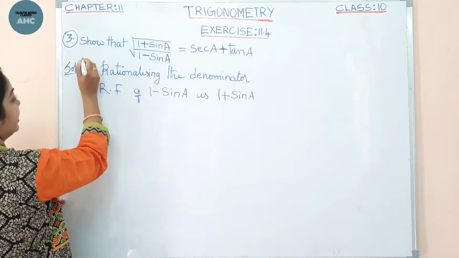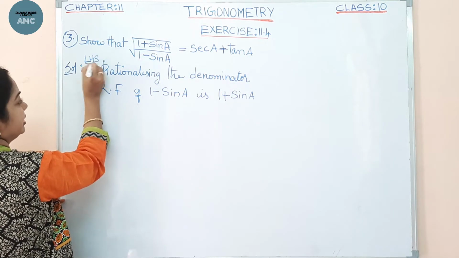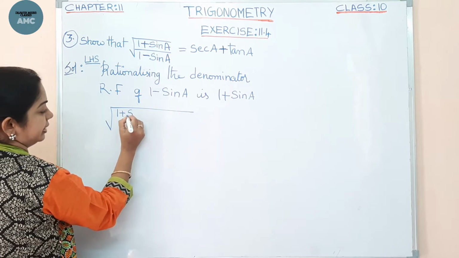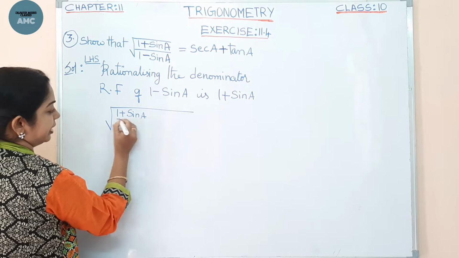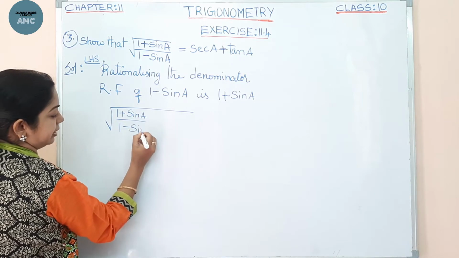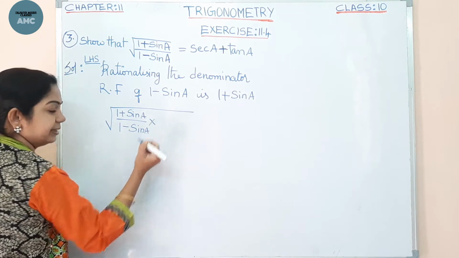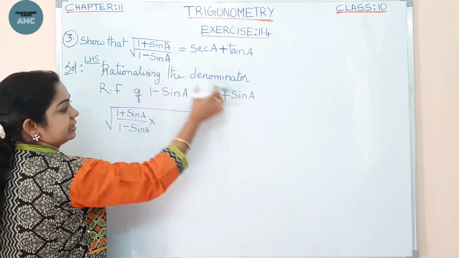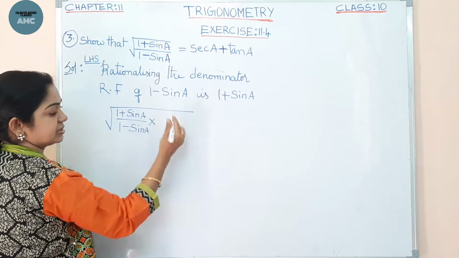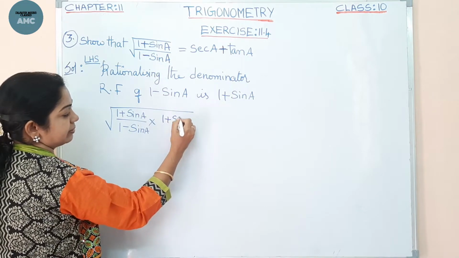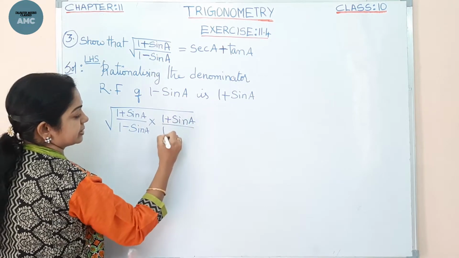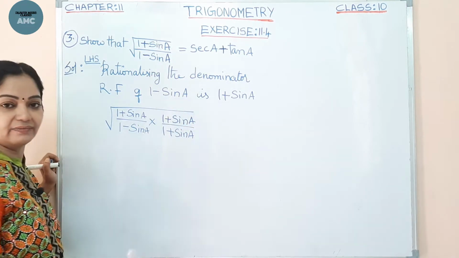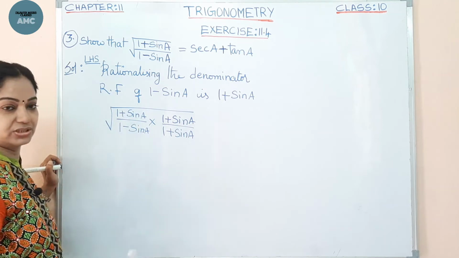Now, we are taking the LHS part here. That means under root (1 plus sin A) divided by (1 minus sin A). I will be multiplying and dividing with the RF. RF of 1 minus sin A is 1 plus sin A. We are rationalizing the denominator. So, (1 plus sin A) by (1 plus sin A). If you multiply and divide, the value doesn't change, isn't it?